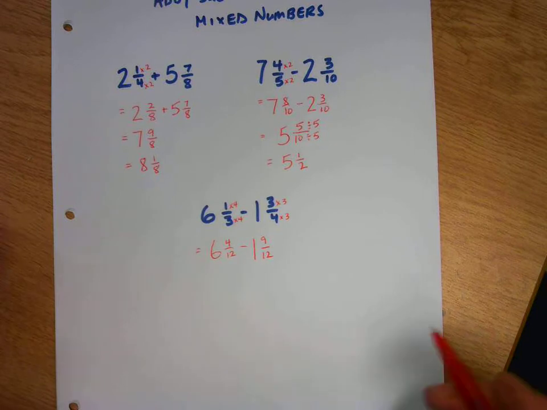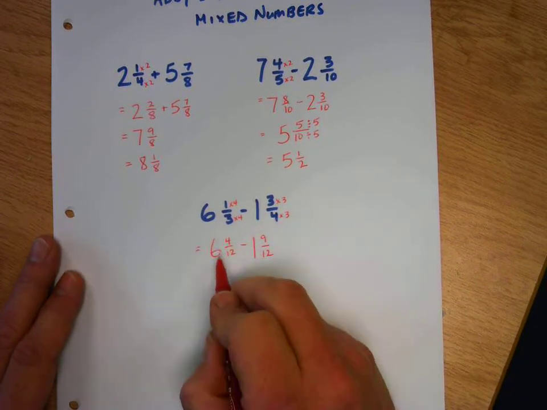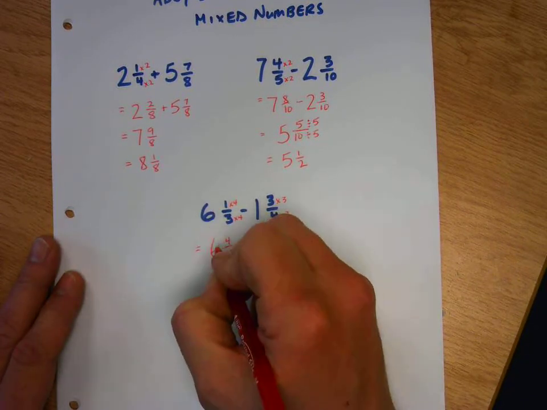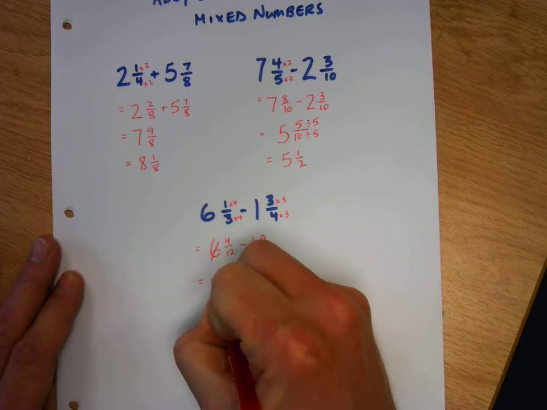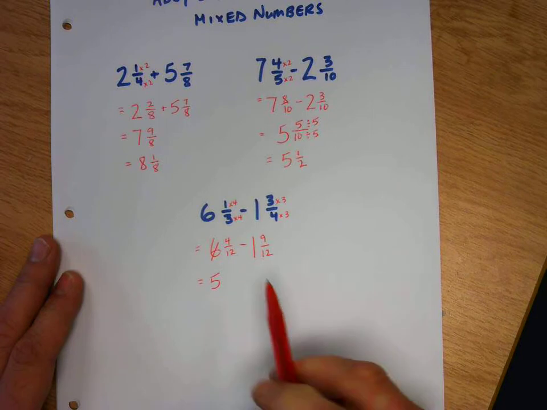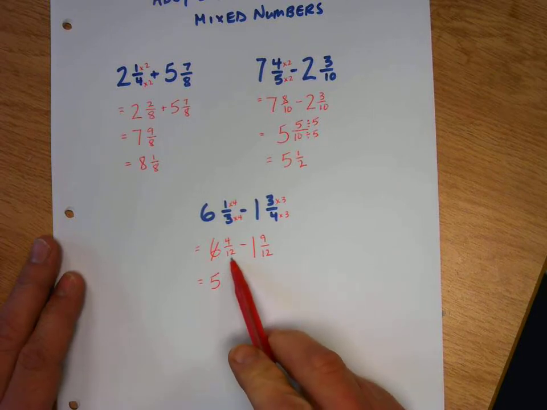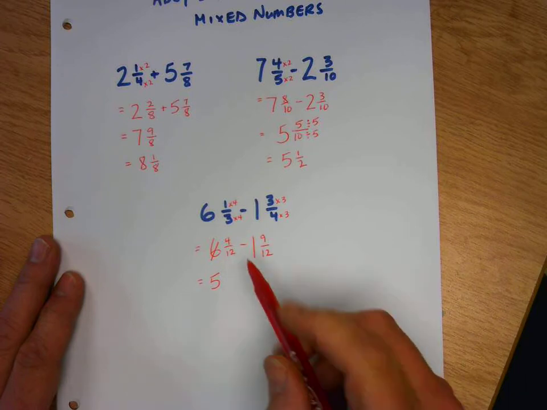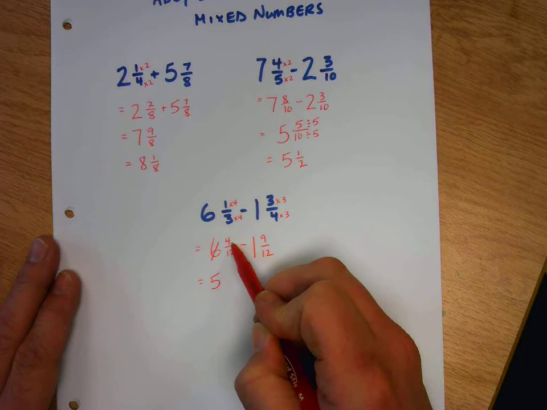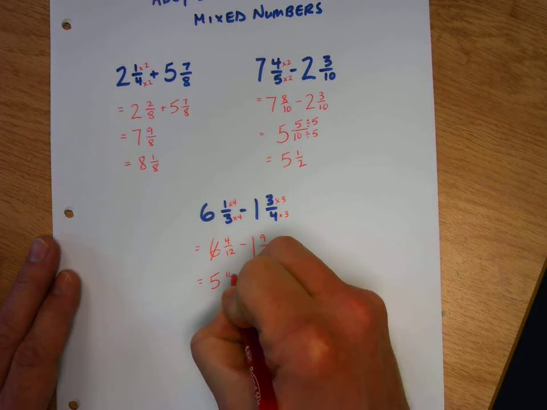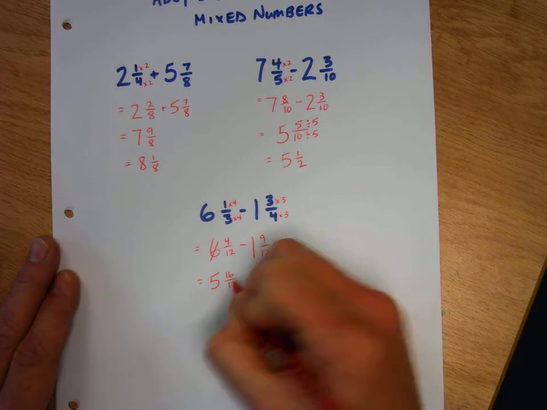So using the borrowing strategy, I can deconstruct one of the whole numbers that I have here. So instead of having 6 whole, I'm going to only have 5 whole. And when I deconstruct that, I would receive 12 parts, the number that's represented in the denominator. So I would have the 12 that I've deconstructed from the whole, plus the 4 that I already had, giving me 16 parts over 12.